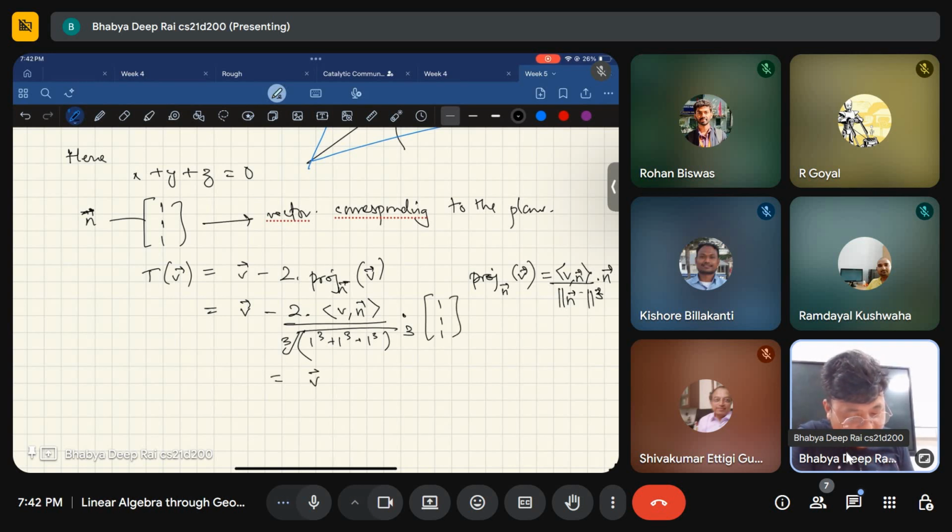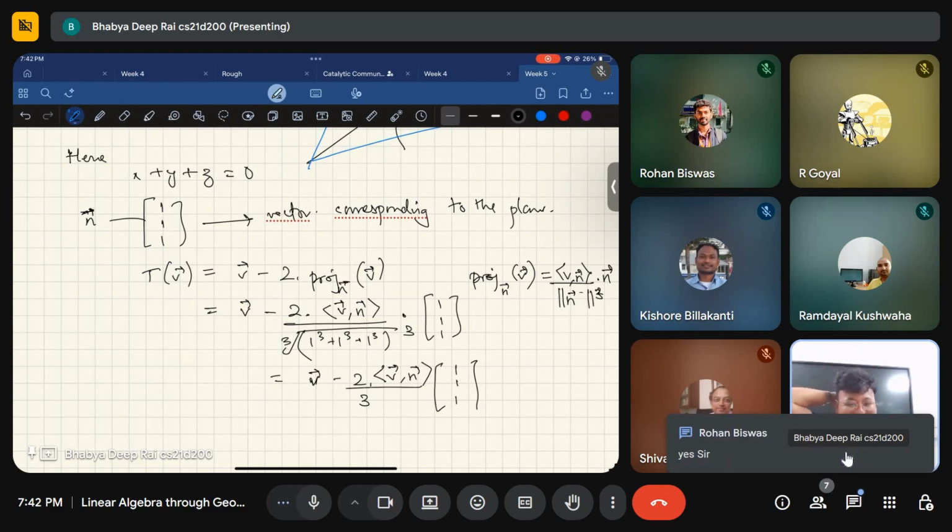So v minus 2 times the inner product of v and n divided by 3, times n.